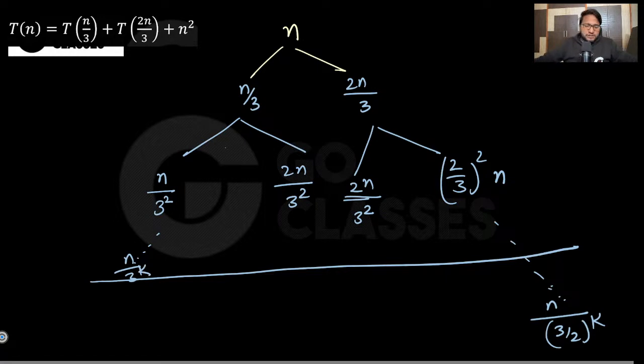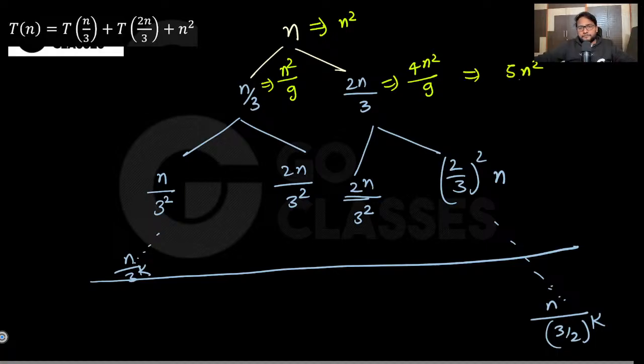Now let's see how much work we are doing. Here we are doing n square because this is n square. Here we are doing n square upon 9. Here we are doing 4n square upon 9. So ultimately we are doing 5n square upon 9. Now here we are doing n square upon 9 square, right?